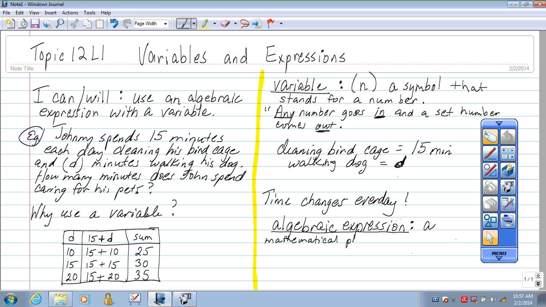If it's a phrase, it's not a complete sentence. It's a mathematical phrase that contains a variable, some number that changes, and at least one operation.